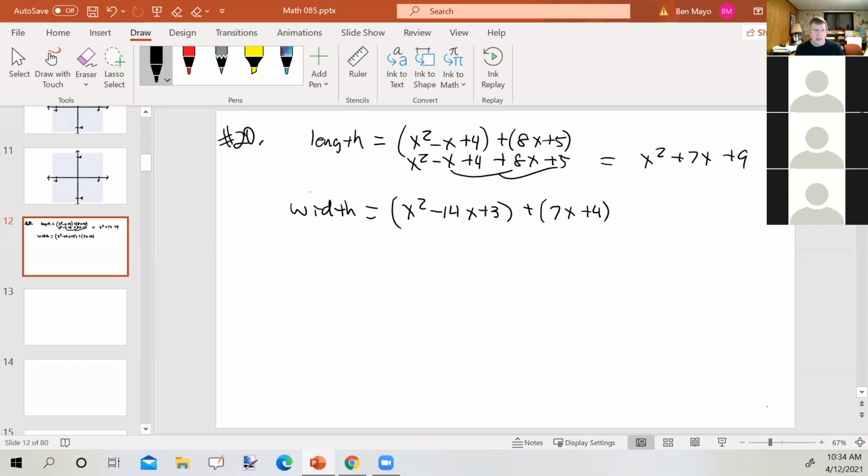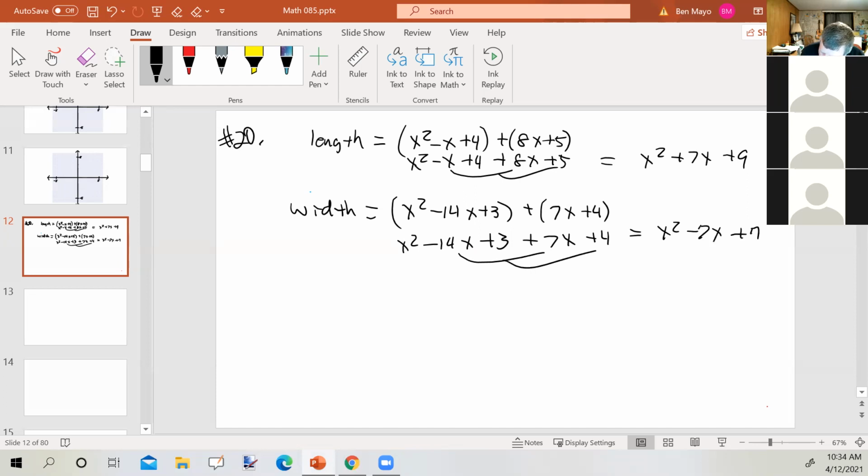So there's the total length adding together A of X and B of X, okay? Then the width would be X squared minus 14X plus 3 plus 7X plus 4, which is X squared minus 7X plus 7. Okay, so now we've got the length and the width, and it says, find what is the difference in the length and width.